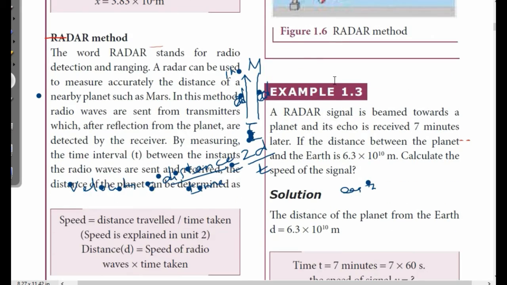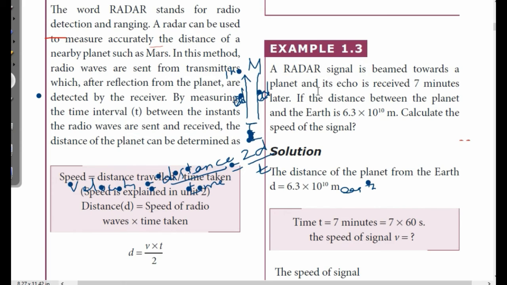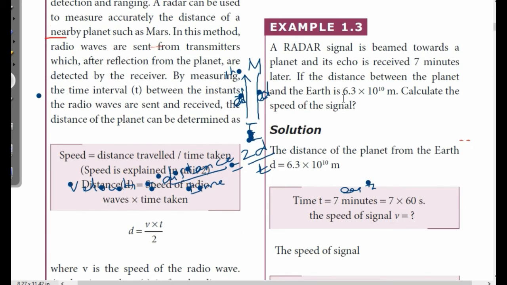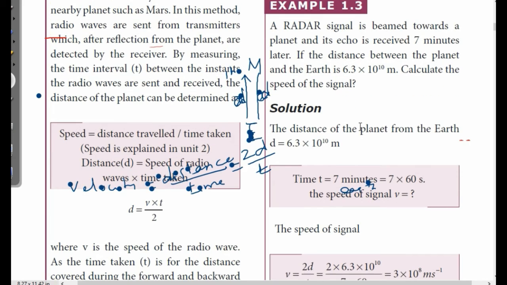Radar signal is beamed towards a planet and its echo is received 7 minutes later. If the distance between the planet and the earth is 6.3 × 10 to the power 10 meter, calculate the speed of the signal. So here they are asking to find the velocity.